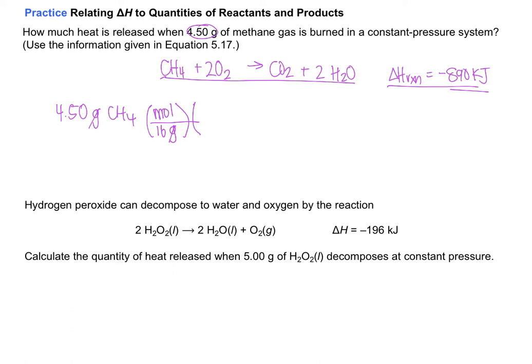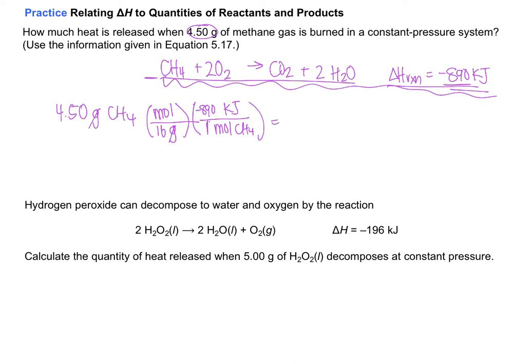Now that I'm in moles, I could use stoichiometry to get into energy. So I'm going to say moles of methane into kilojoules. So I look at my stoichiometry, there's a 1 in front of methane, and there's a negative 890 in front of kilojoules.